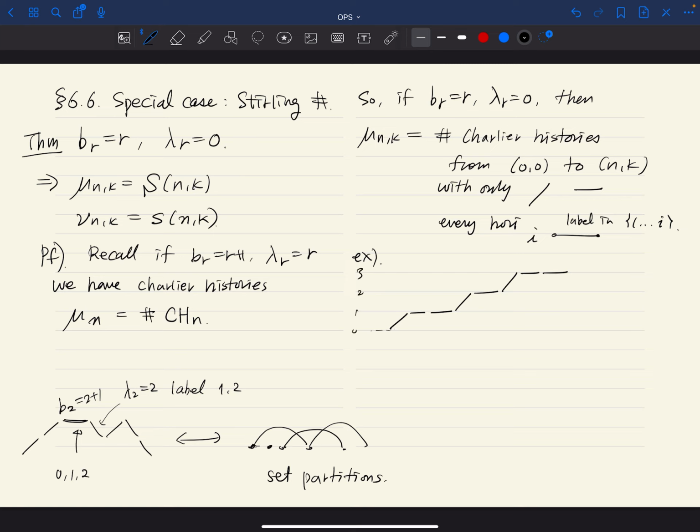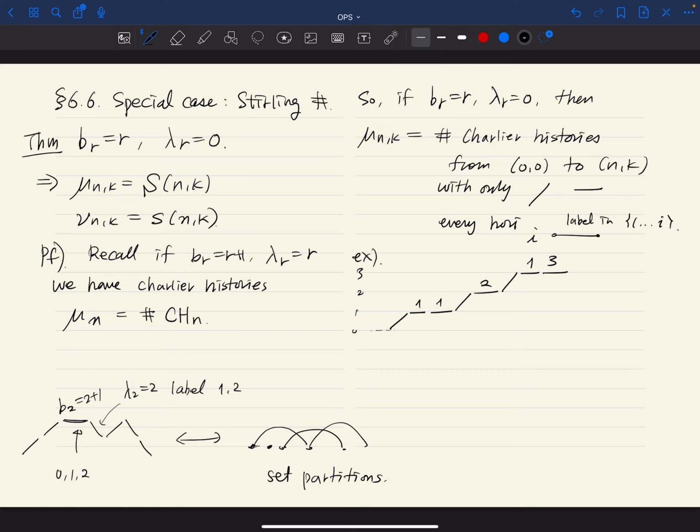Here we have level 1, so actually we have only one choice there. We don't have any horizontal steps at the bottom because we cannot label it. The only possible label is 0, but we don't allow 0 there. And here the label is 1 or 2, but let's say we label it 2, and this is 1, 3. So this is an example of a part of a Charlier history.